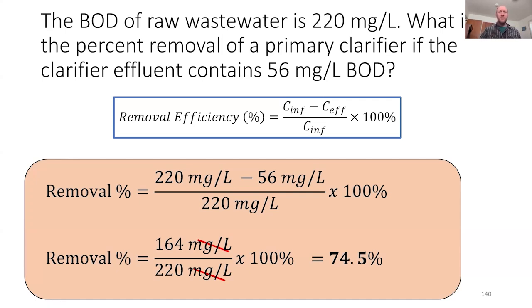But the idea here is that you can figure out what is expected for your removal of TSS or BOD, and then you can actually compare it to what's happening. You can use this equation to figure out what is the TSS coming in, what is the TSS going out, and what is that actual percent removal. Then you can use that to maybe adjust some of your processes.